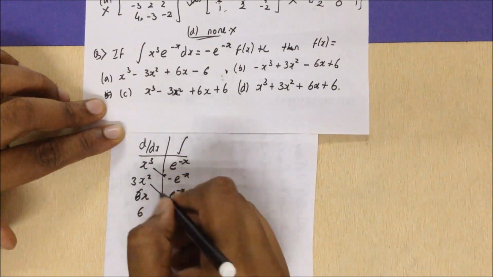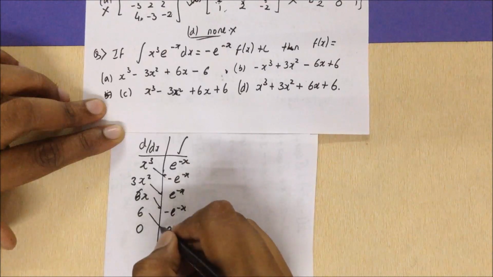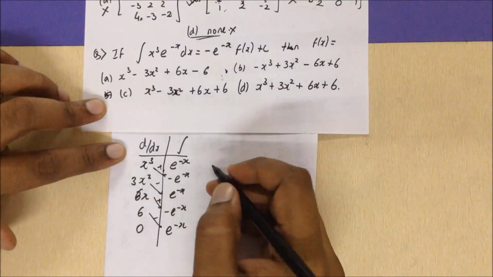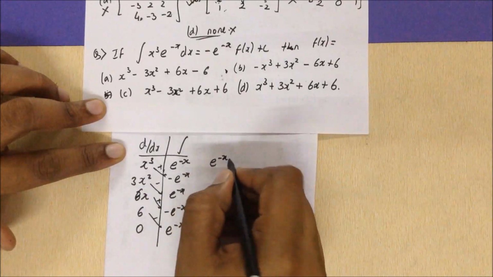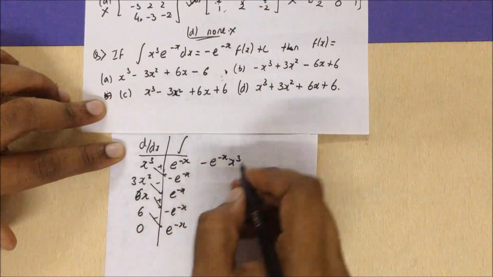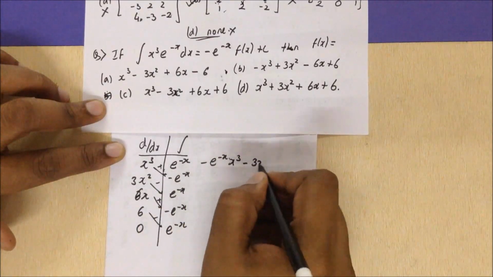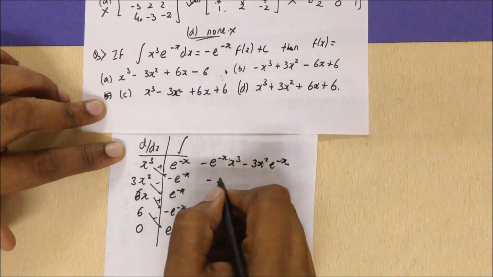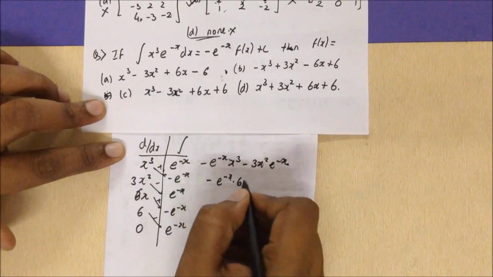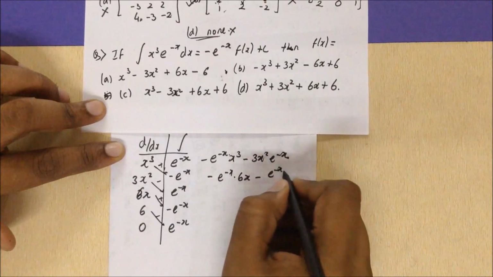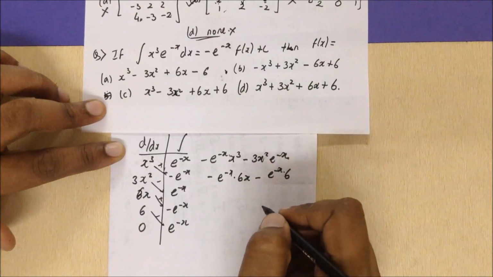So using the arrow method, plus minus plus minus, you'll be having e raised to minus x with a minus sign into x cube, a minus of 3x square e raised to minus x, a minus of e raised to minus x into 6x, a minus of e raised to minus x into 6.